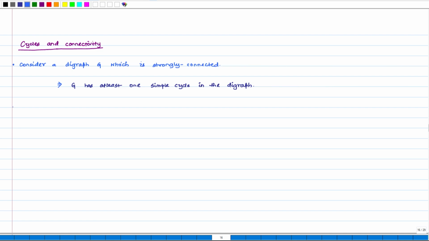Now, let's talk a little bit more about these cycles in the digraph.